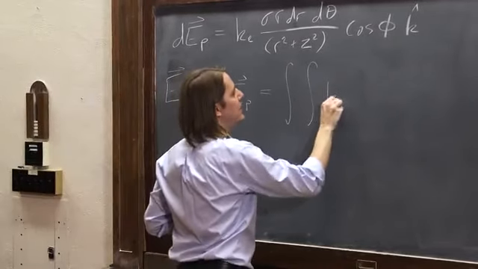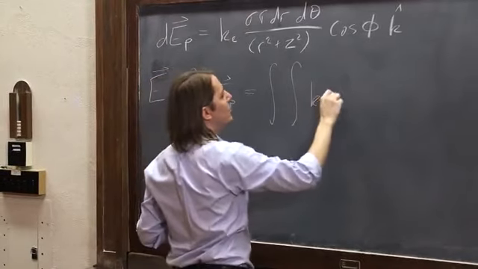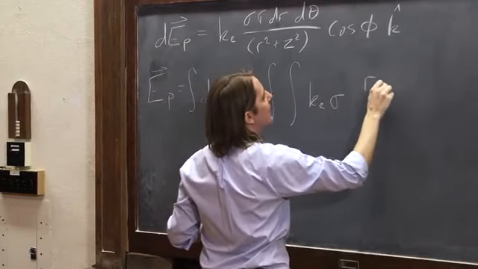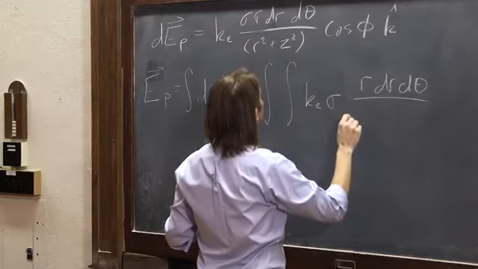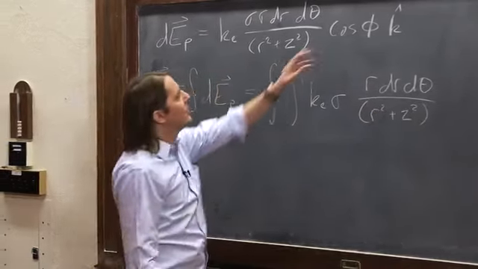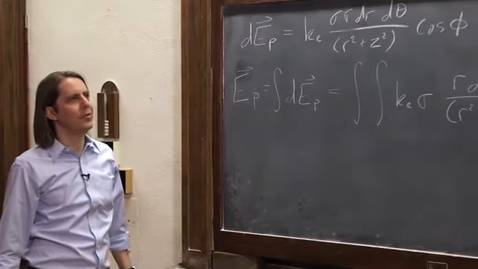We have Ke. I'm going to start pulling some constants out. Sigma is here, and then this is r dr d theta, and this is r squared plus z squared. And we never dealt with the cosine phi. Let's think cosine phi from that drawing.